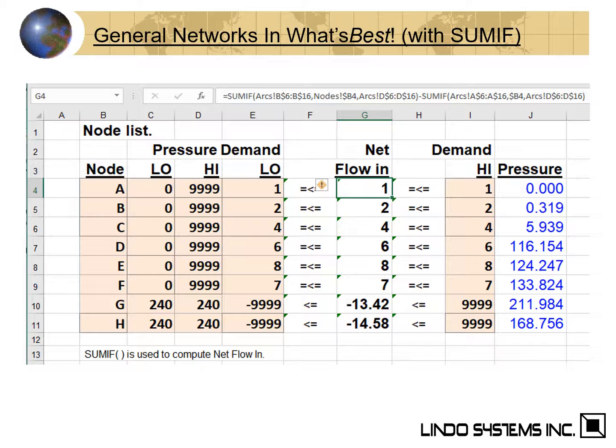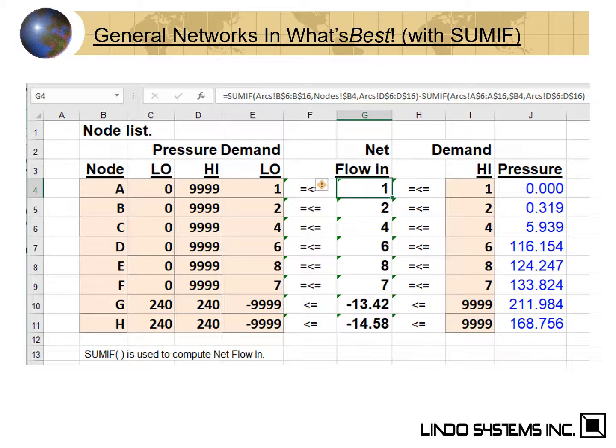And if you look in column I, the most that it can ship in is 1 also. Or if you look at node D in row 7, it needs to have at least 6 shipped in, and at most 6 shipped in. So there are going to be 2 constraints in columns F and H that say the amount shipped in has to be at least equal to the min and at most equal to the max. And for G and H, the min is negative infinity effectively, and the max, the high, is plus infinity.